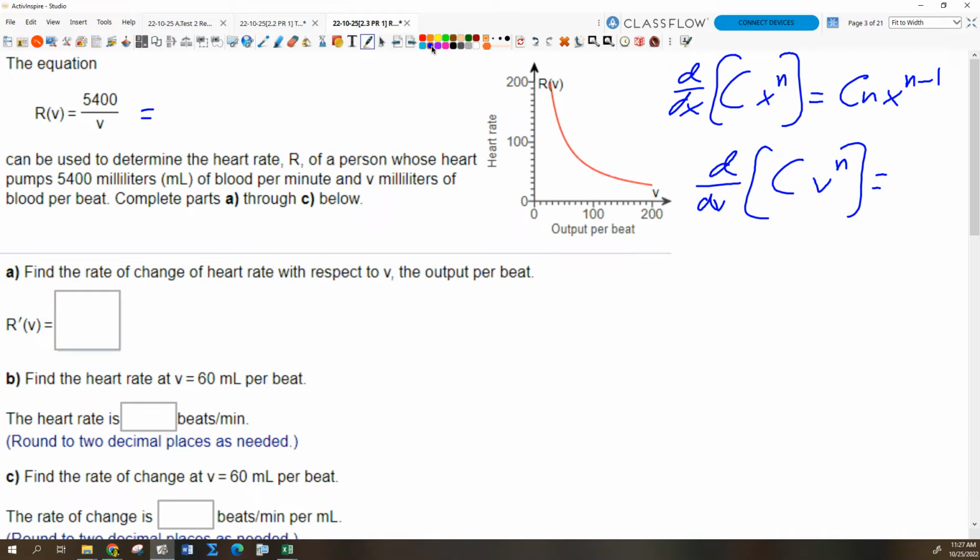Okay. So that makes sense. So I'm going to have 5400 V to the negative 1. That looks right, doesn't it? Okay, so if I apply my derivative rule, what's that going to give me?